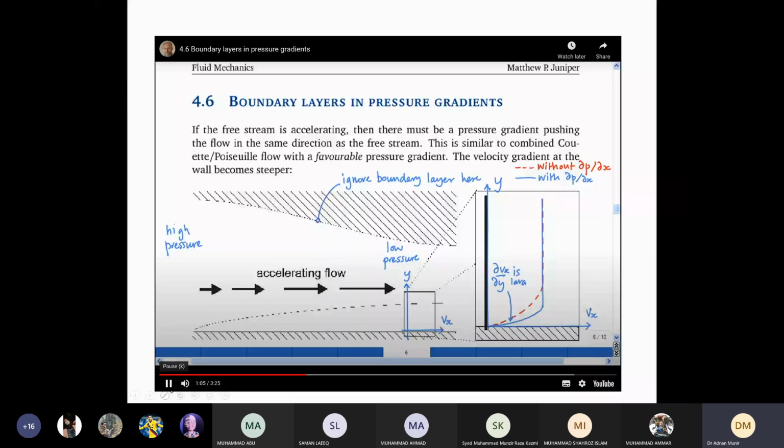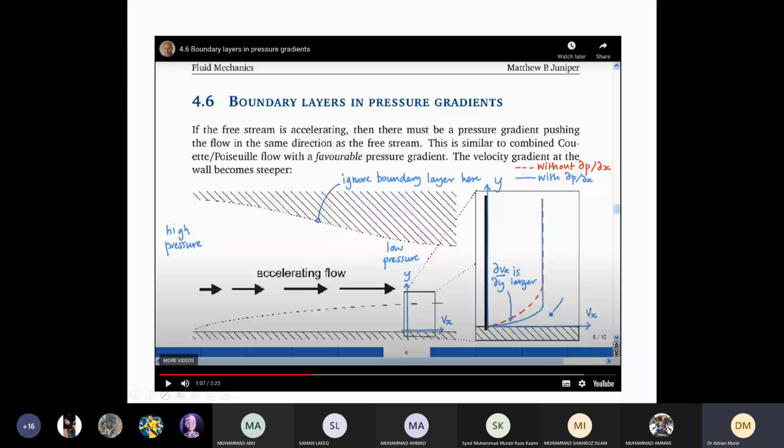Okay, so now you can see that because flow always moves from high pressure to low pressure, in addition to the parabolic profile, the net flow from high pressure to low pressure will also contribute to the boundary layer and make it steeper like this.